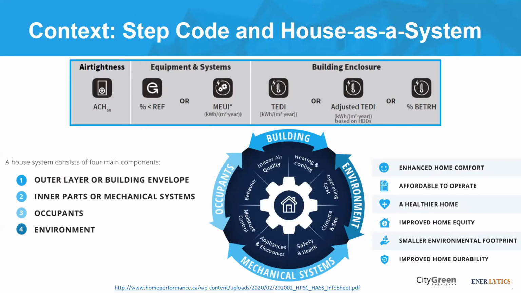As previously noted, the BC Energy Step Code brings the building science concept of house as a system into practice. The air tightness targets, equipment and systems targets, and the building enclosure targets all ensure that the builder is building a home that brings the benefits of energy efficiency to the people that will live in that home.